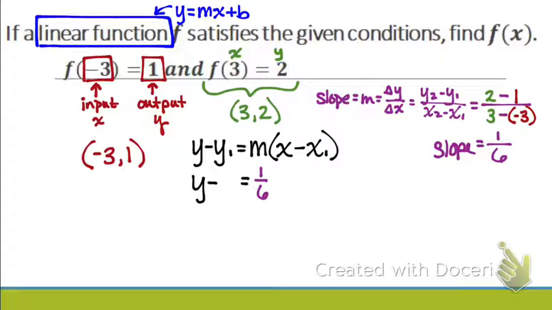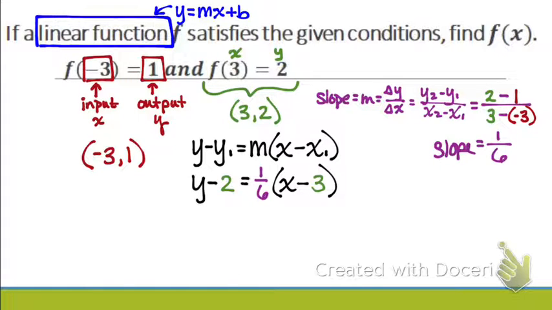So I have y minus the y part of one of my ordered pairs equals m times x minus the x part of the same pair. We're only going to use one of these ordered pairs. We're either going to use the green one or the red one. Do you guys have a preference? Green, all right? So it's going to be y minus what? y minus 2, and then x minus 3.